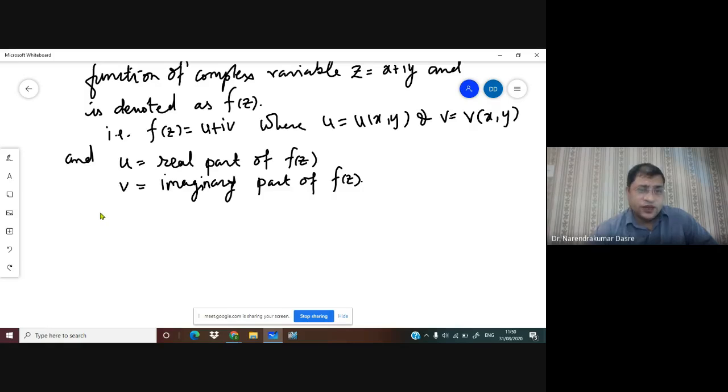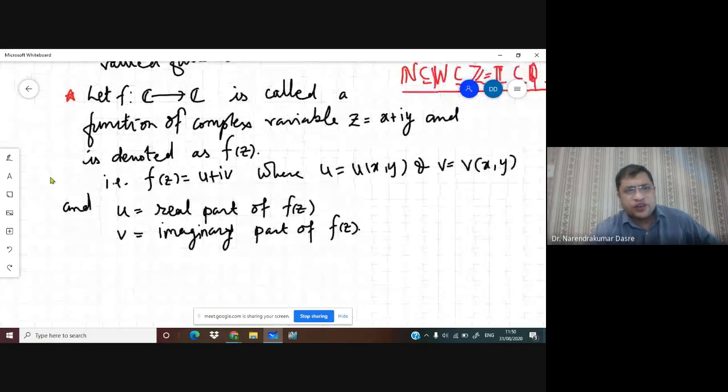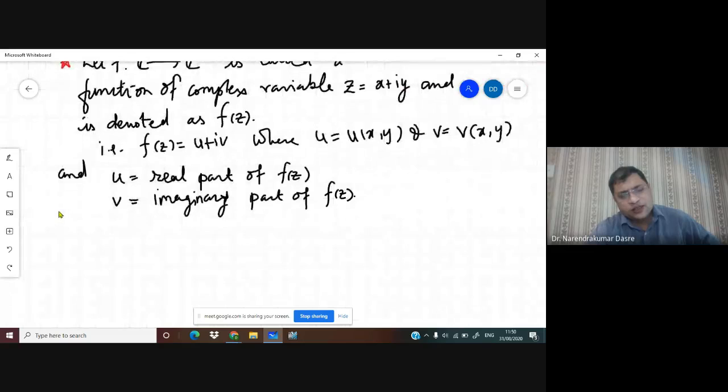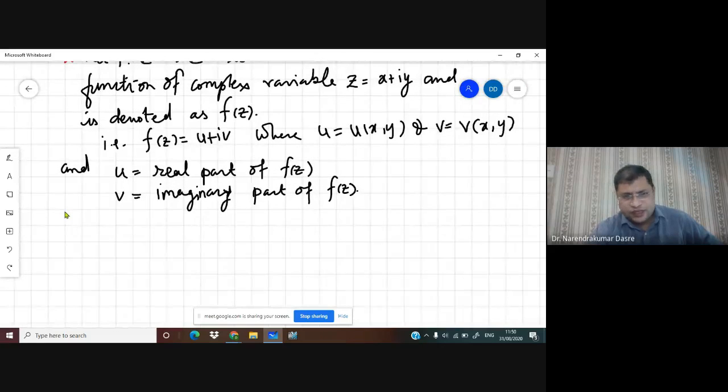After differentiability, we have studied the integration. So in this semester, we are going to study up to the differentiability and different applications of differentiability of a complex variable. In the next semester, we'll study the integration.